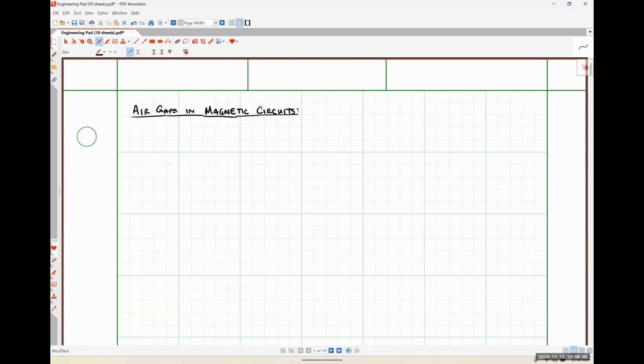Air gaps also tend to linearize the permeability of a material. Again, this is something that we're going to talk about probably on our next class meeting when we look at magnetic domains and all of that kind of good stuff. And then when we have rotating electrical machinery or things like relays, an air gap is a functional part of the system, meaning we can't have our rotor rotate and our stator be stationary without an air gap to physically separate those two systems from each other.